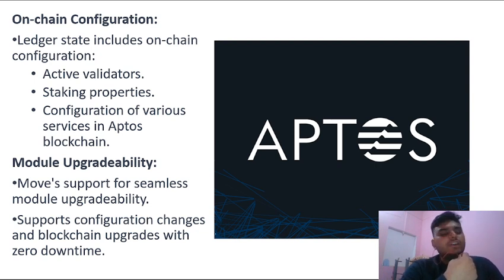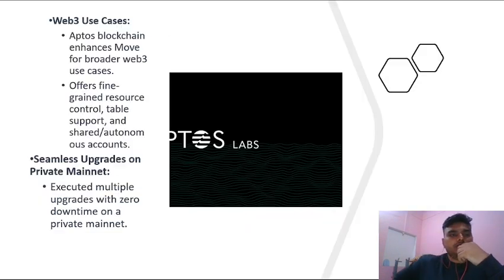As you know, there is a lot the backend provides in the blockchain, but we are still using the Web2 ecosystem's operating system. People are also working on something like an operating system for Web3, which is a completely different approach taken by various other systems. For Web3 use cases, the Aptos blockchain enhances Move for broader use. It offers fine-grained resource control, table support, and shared autonomous accounts.